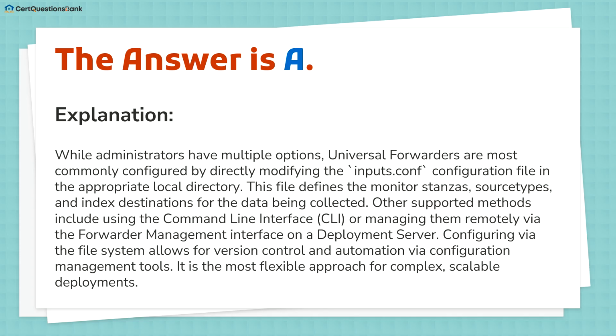Other supported methods include using the command line interface, CLI, or managing them remotely via the forwarder management interface on a deployment server. Configuring via the file system allows for version control and automation via configuration management tools. It is the most flexible approach for complex, scalable deployments.